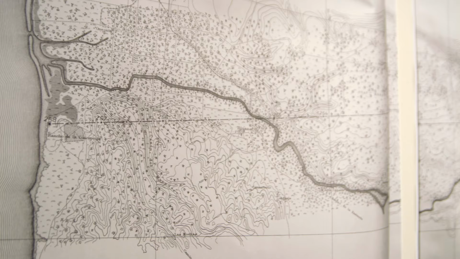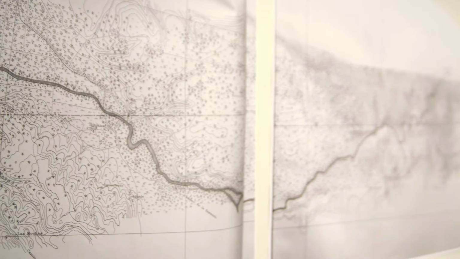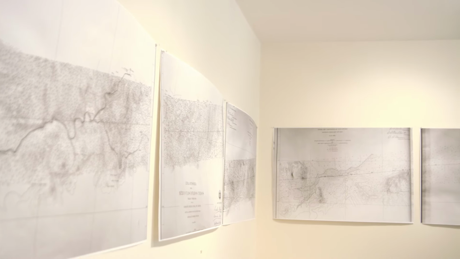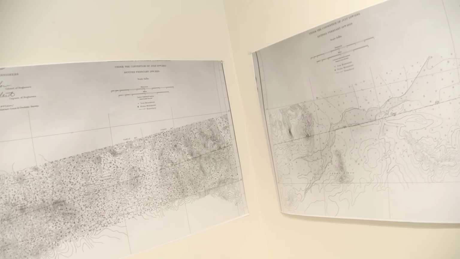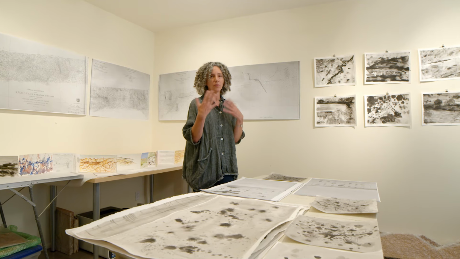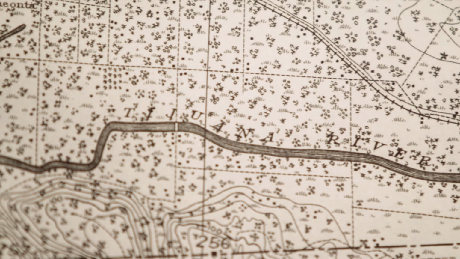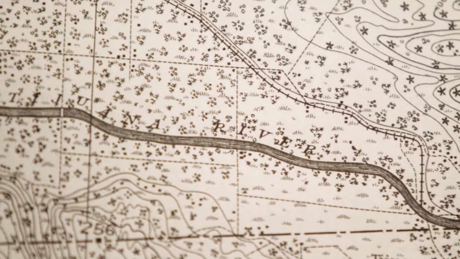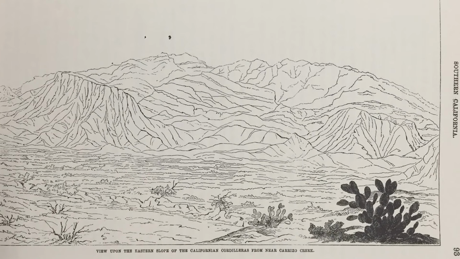All of that material was collected by a survey team that was comprised of scientists and artists and topographical engineers that were part of the U.S. Army. They compiled all of this material into a document called the U.S. Mexico Boundary Survey Commission Report. It has all this writing in it of the things that I just described, and it also has a lot of scientific illustrations. 19th century naturalist impulse to collect and sort of categorize and classify all of the natural world.